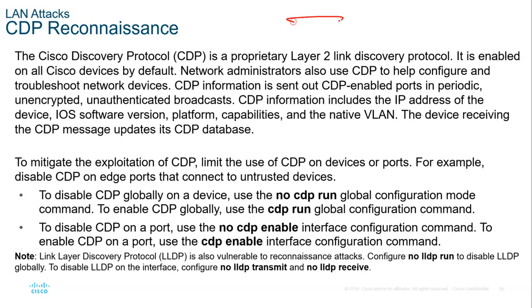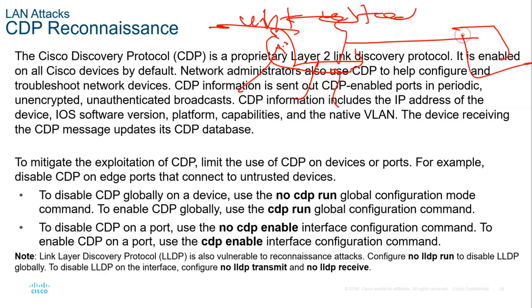So if you have a switch here, all these ports that connect to end devices are untrusted ports. You can disable CDP on all these ports. But between the router and the switch, you can allow CDP there, so that on this router you're able to get information from the switch, but not from the end device.